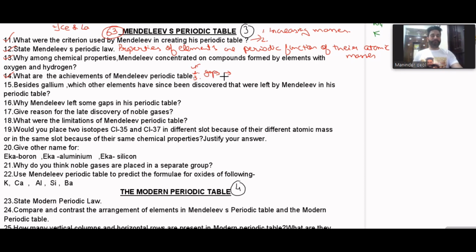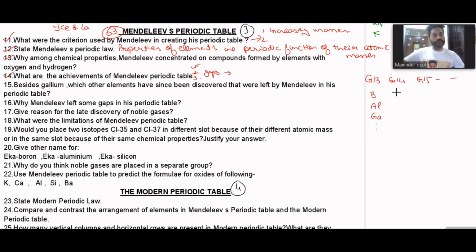Now again I am going back to the modern periodic table. From there you can learn. Okay, so if I ask you group number 13, group number 14, group number 15, and so on. What are the elements of group number 13? Boron, aluminium, and gallium, and there are many more, but for 10th we are doing up till 4th period only.